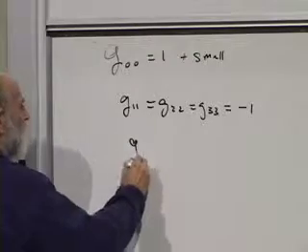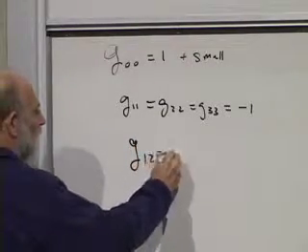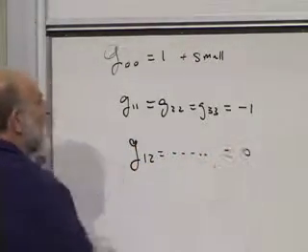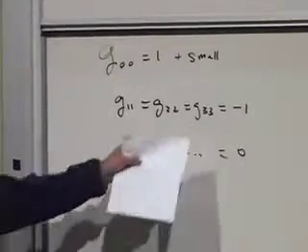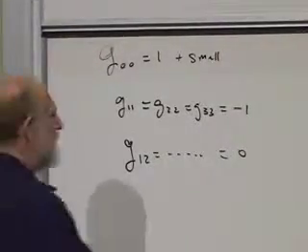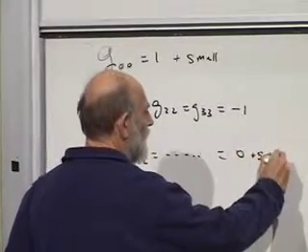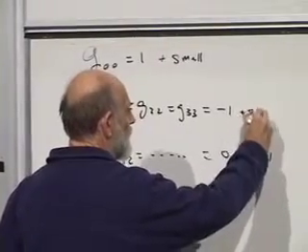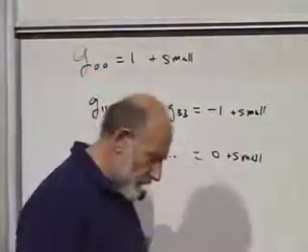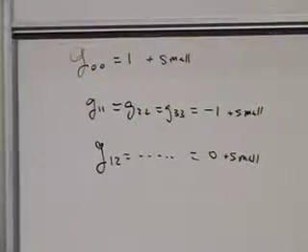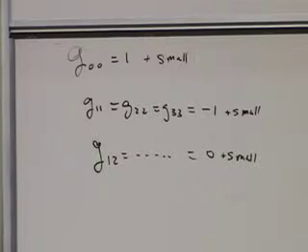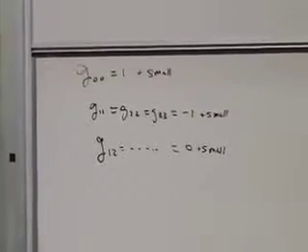And G12 equals, and so on, equals 0. Now, I don't literally mean that they're literally equal to 0. I mean they're equal to 0 plus small. We will keep track of small things, but the first approximation is just special relativity.